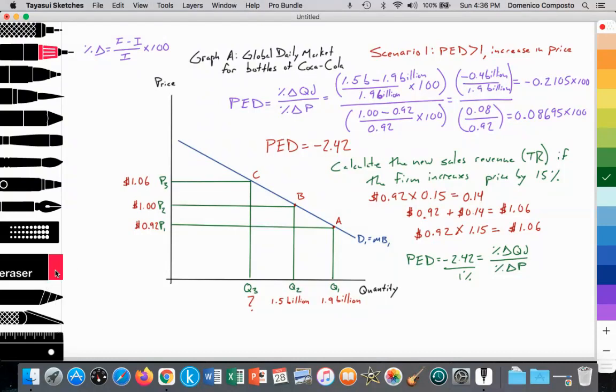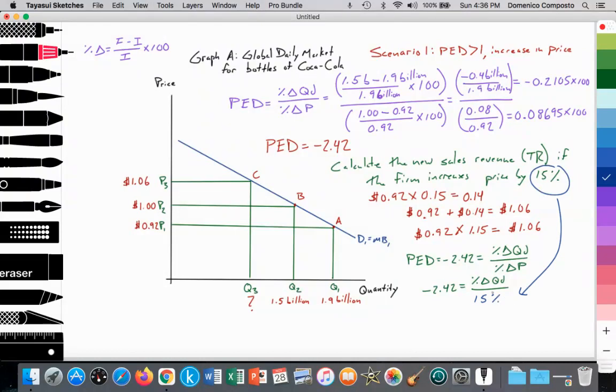That's what the PED value means. So how can we use this to figure out the change in the quantity? Negative 2.42 is equal to the percent change in the quantity demanded, which we don't know yet, divided by the percent change in price. And here it's telling us that the percent change in price is 15%.